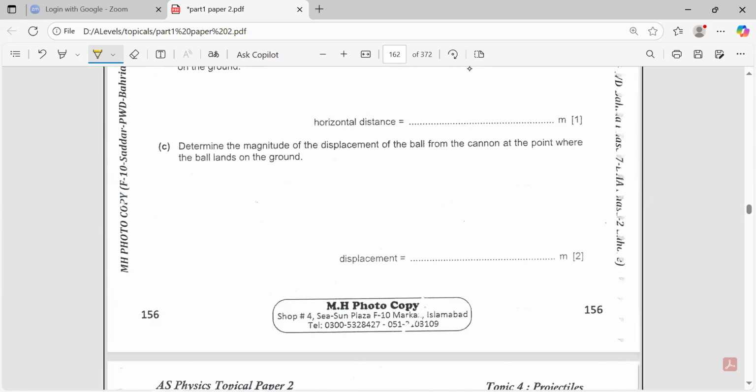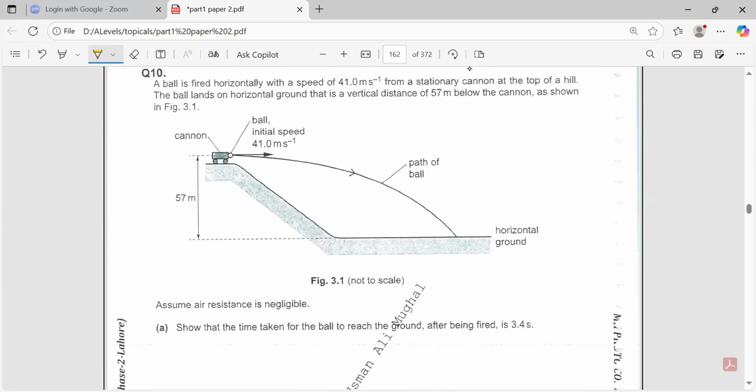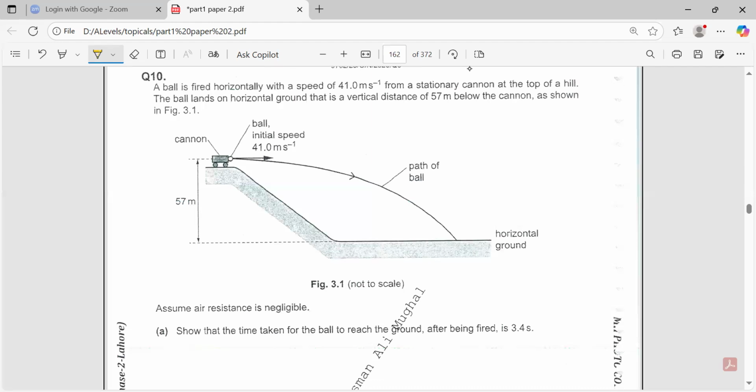ठीक, question number 10 देख लेते हैं। ये basic सा सवाल है, इसमें भी कोई difficulty नहीं है, it is pretty much similar. So see question number 10, there is a ball which is fired horizontally. So this is a ball, right? This is ball which is being fired horizontally, and it is fired with a speed of 41 meter per second from a stationary cannon at the top of a hill. The ball lands on the horizontal ground.